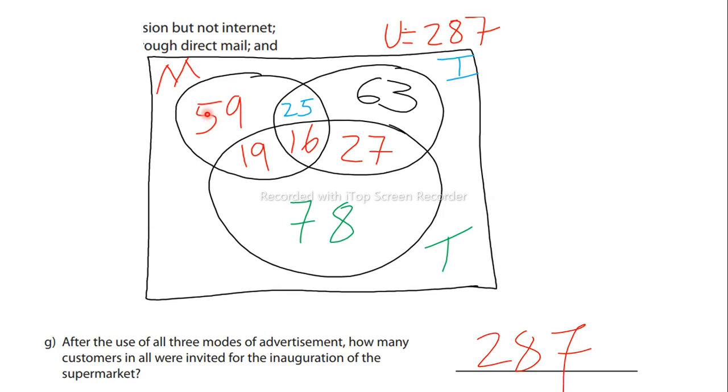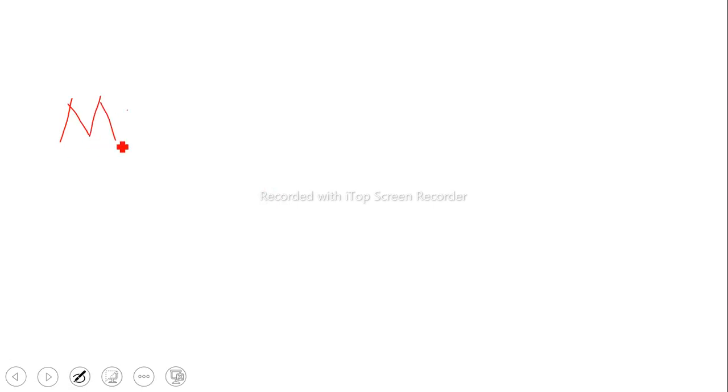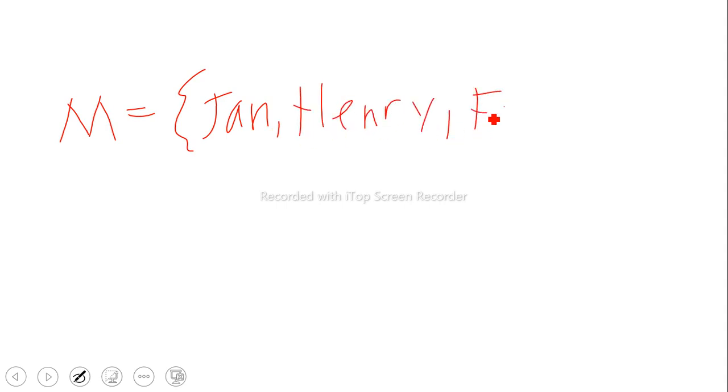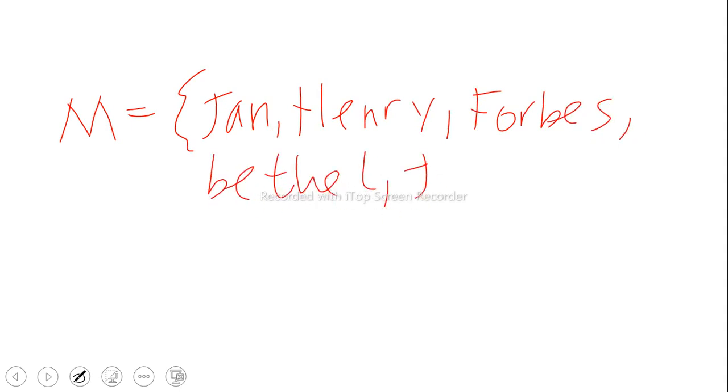So M literally, if we were to represent it properly, let's say we have names of the people: John, Henry, Forbes, Bethel, Joseph, and Brista, all the way up to 59.